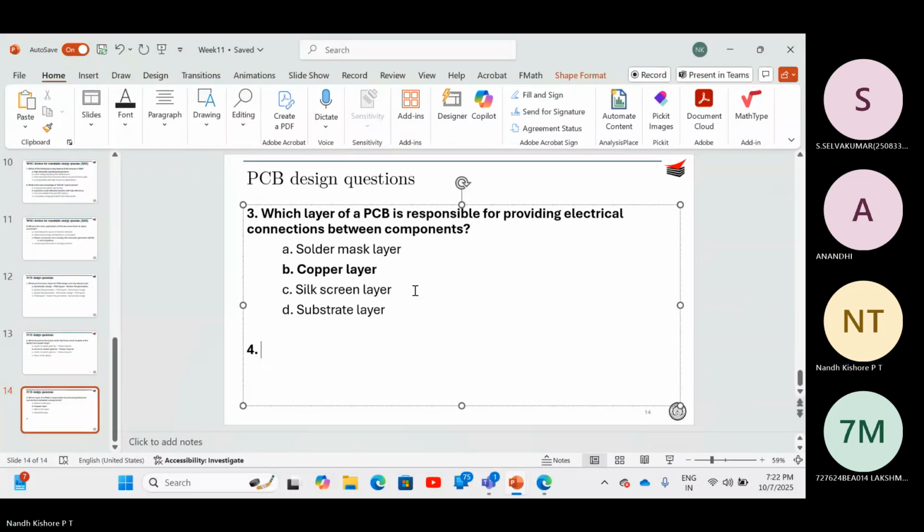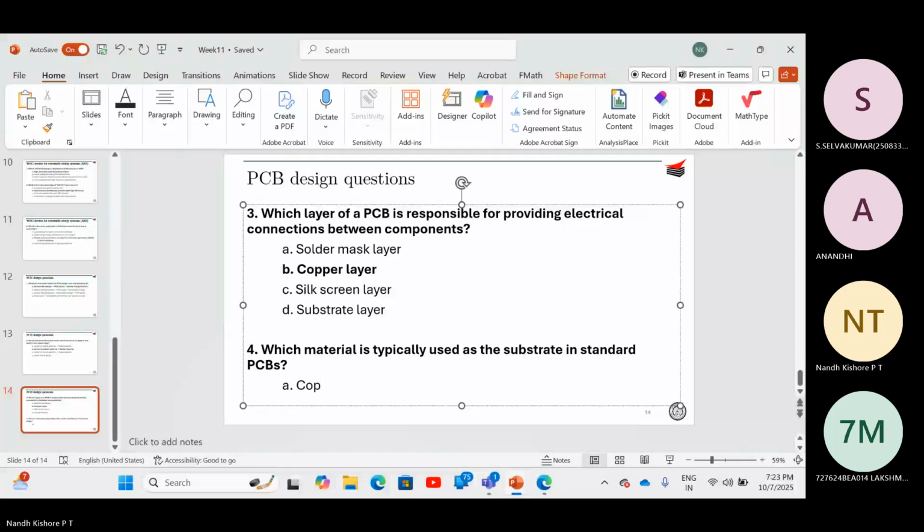So in PCB design, which material is typically used as the substrate in standard PCBs?